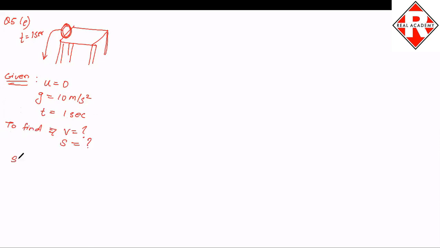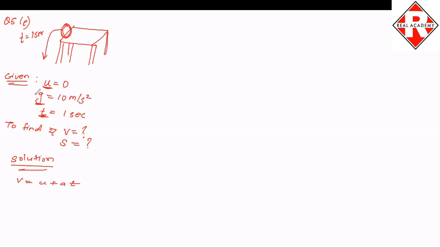So let's take the solution. Now again, what all values do I know? I know U, I know G, I know T. V and S are to be found. So obviously we are going to use one of the kinematical equations, right? So in that case, which kinematical equation are you going to use? Can we just use the first one, V is equal to U plus AT, according to Newton's law of motion?